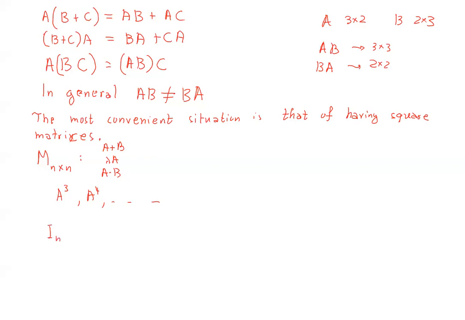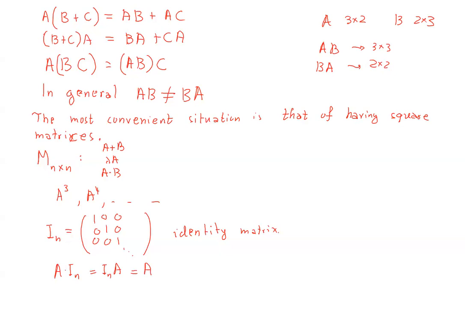This is going to be the matrix I_n, which has ones on the main diagonal and 0 everywhere else. So this will be called the identity matrix. We have one for each dimension pretty much. And what is true about the identity matrix is that A times the identity matrix is the identity matrix times A is equal to A. So it doesn't change any matrix.